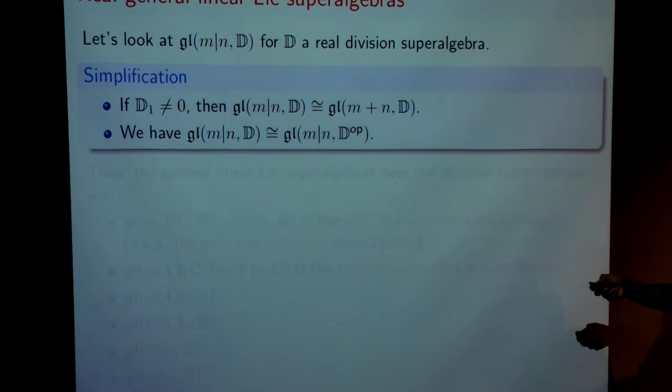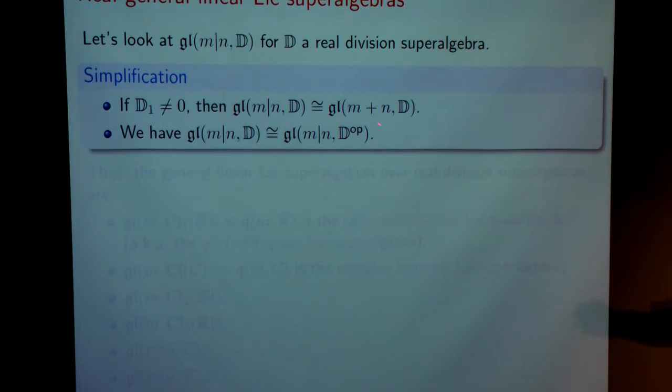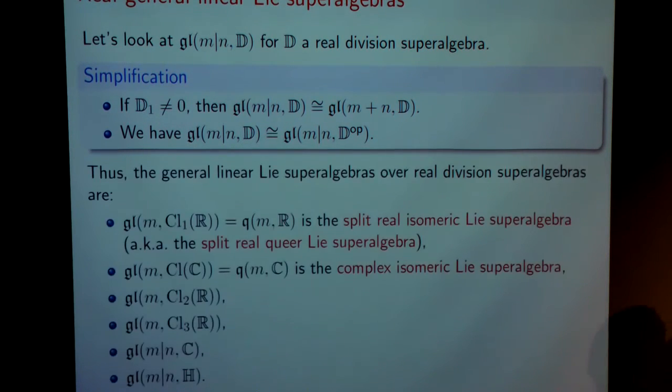So you might as well assume that N is 0. It's still not purely even because this D has odd part, but you might as well just consider those ones. Another fact is that replacing D by D^op gives you an isomorphic Lie superalgebra. So if we want to enumerate all the Lie superalgebras we get in this way, this op part cuts our choices for D in half, basically.